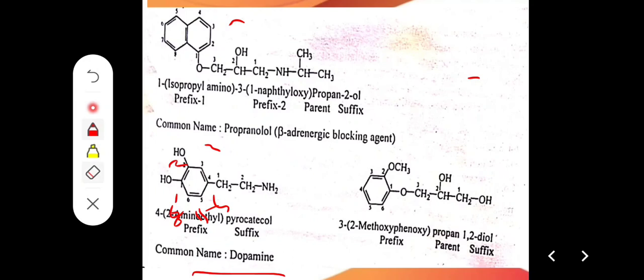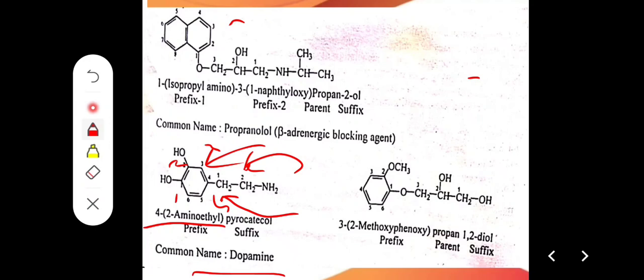That must be termed as 2-aminoethyl pyrocatechol. There must be, at the four position of the benzene, one aminoethyl group attached, and the amine is present at the 2 position of carbon of the aminoethyl group. So that's why we term it 4, because at the 4 position of benzene the whole chain CH2CH2NH2 is attached.